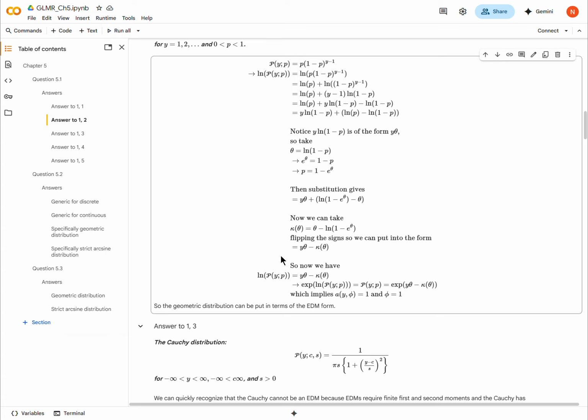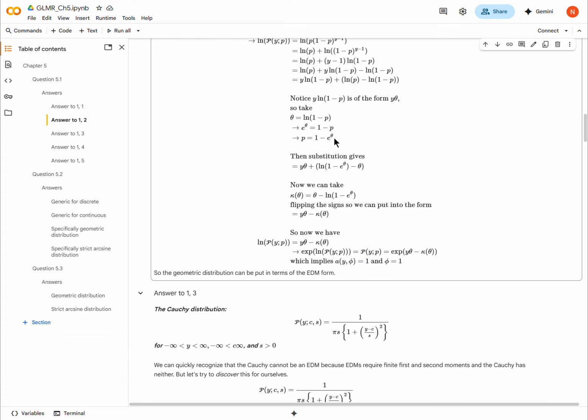And again, just to keep this video somewhat brief, I'll just rely on you to look at the math yourself. But in the end, I believe that we get an exponential dispersion model. It looks like I didn't completely spell it out, but I spell out the different terms that would go into it. So the a function is this, the dispersion parameter is this, and you can piece it together.